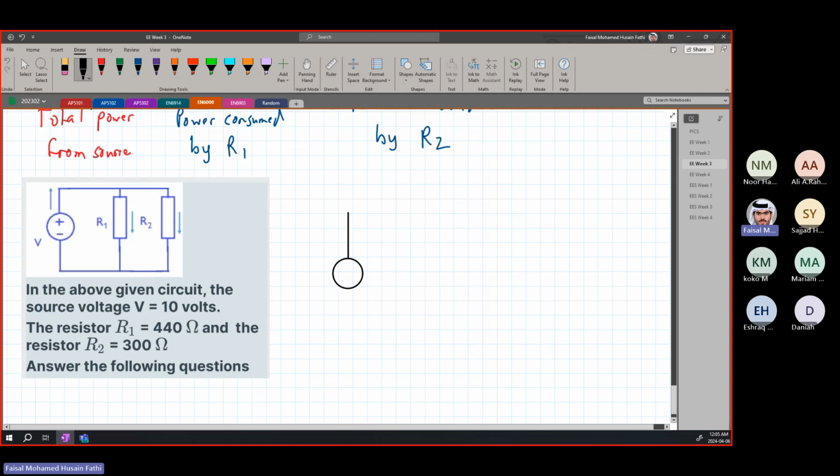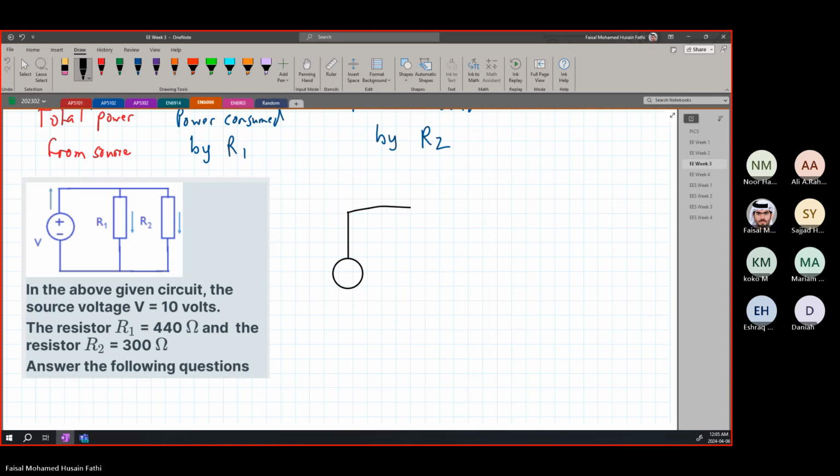Then we're going to have a resistor. I'm going to have a resistor here, R1, and a resistor here, R2. And this is our voltage source, plus minus voltage.